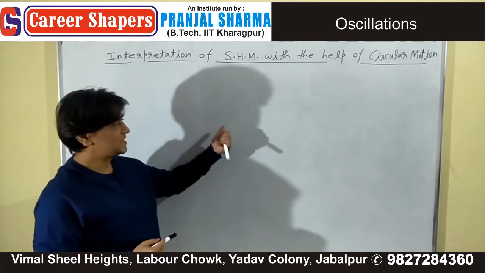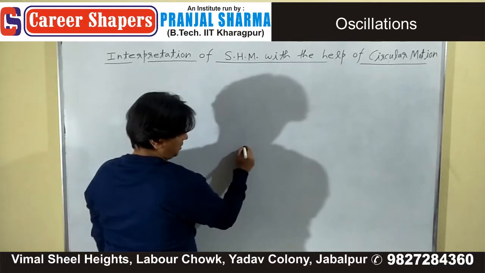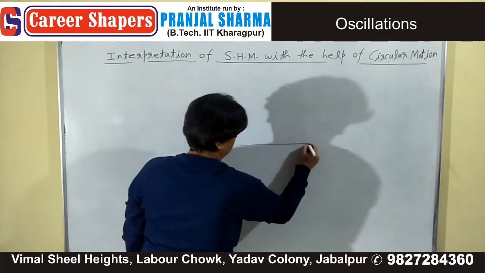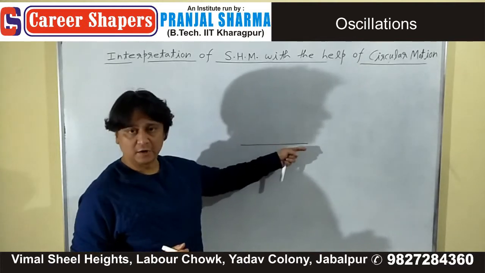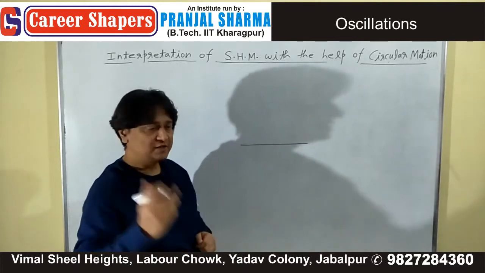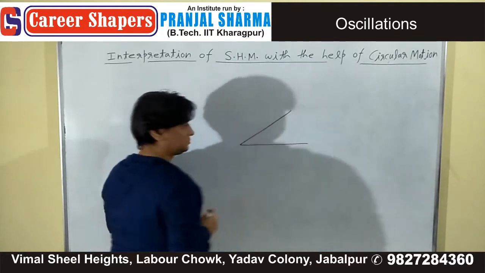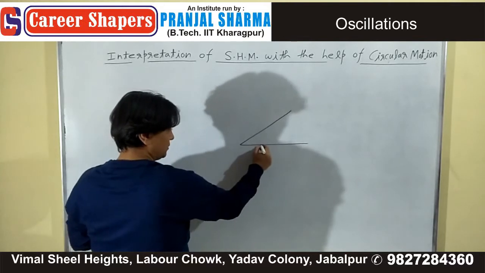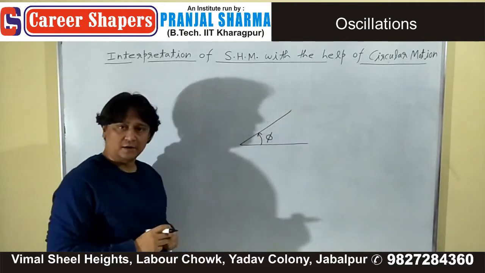Now, let's understand the general case of simple harmonic motion. In the previous setup, this was the position of the rod at t equals 0. But if I say that the rod starts from this position, this angle is phi.